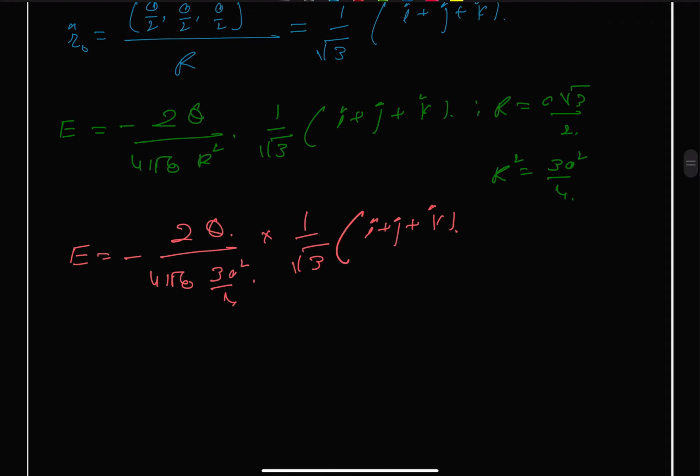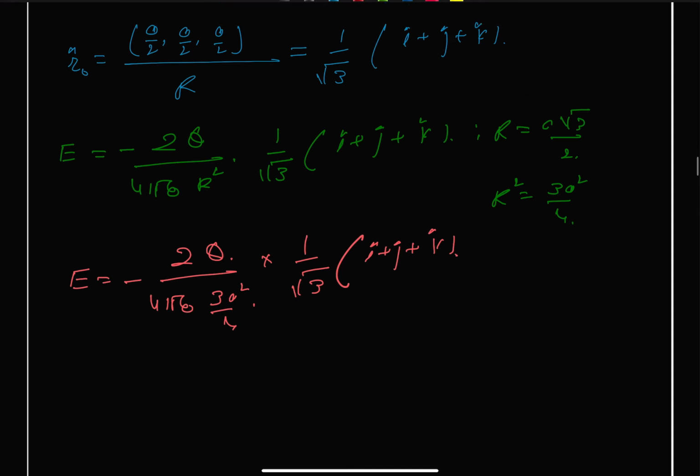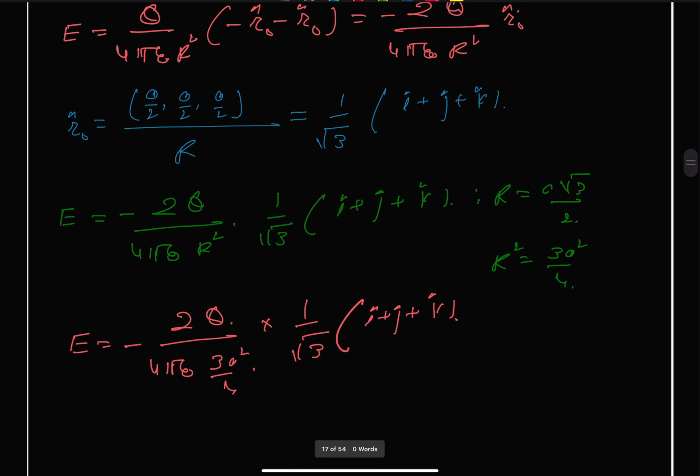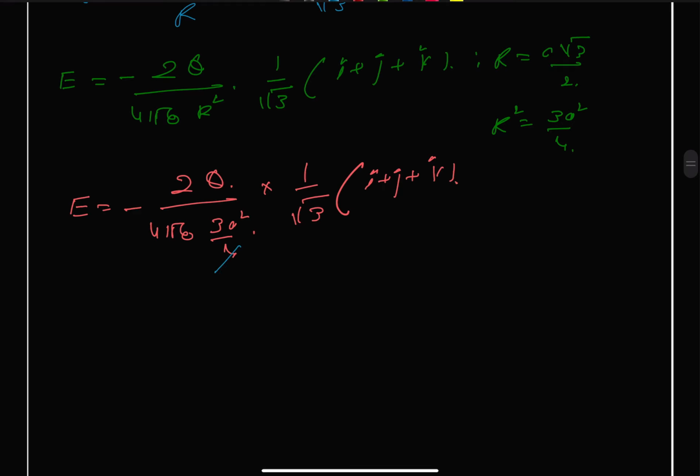Let me check what the answer given is. We can just simplify it. 4 and 4 cancel out. So we get our electric field equal to minus 2q over 3 root 3 pi epsilon naught a square, times (i plus j plus k) unit vector.